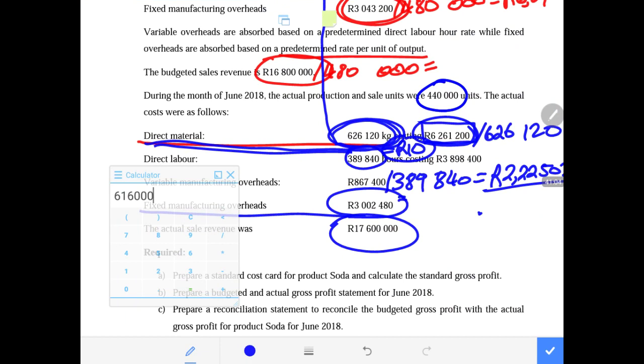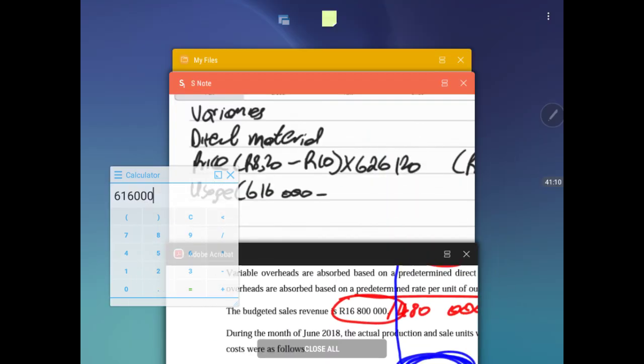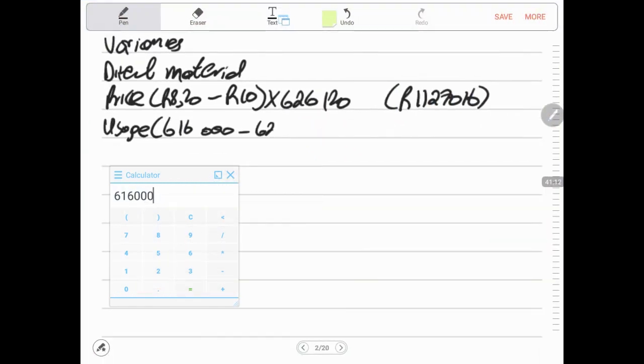Our actual quantity is what was actually used. So now it will be 626,120 kgs, times the standard price, being 8 rand 20 cents. Then we say standard minus actual, 616,000 minus 626,120. Again, we get an unfavorable variance, times 8 rand 20 cents.